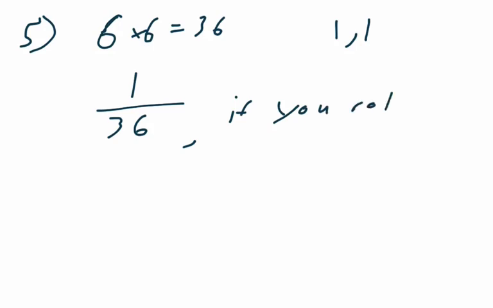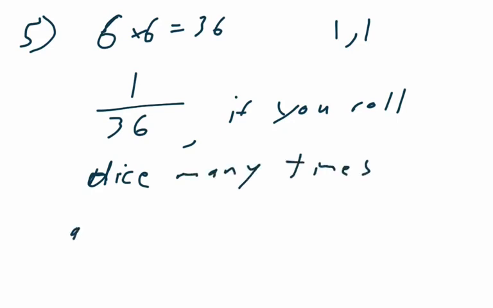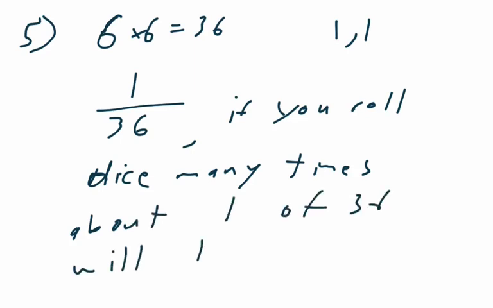If you roll dice many times, about 1 of 36 will be a 2. Now, it's not exact because there's randomness, but you gotta roll a bunch of times.